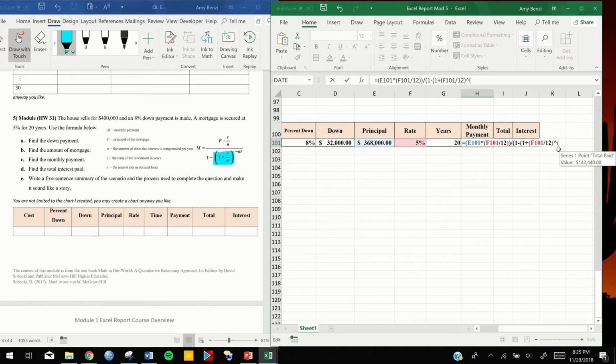So I do this. My exponent is going to be in parentheses. So I'll just go ahead and do that first. That's going to be raised to the power of n, which we already decided was 12, times the number of years, which is my t value here, but it's negative. So Excel does not accept a negative sign. I think that I can just put parentheses around the 12.